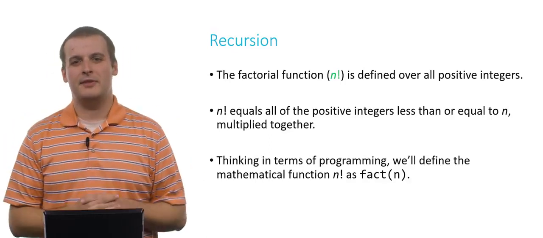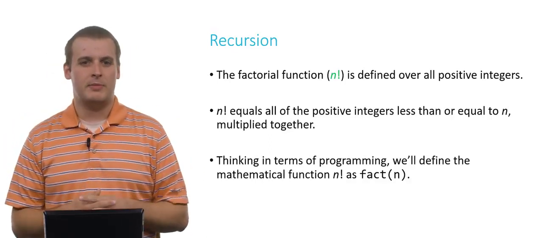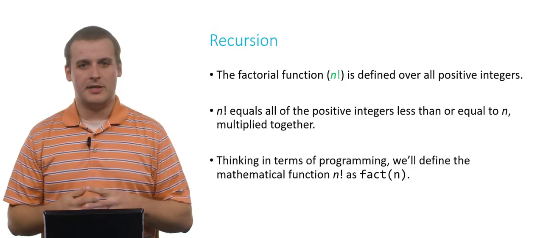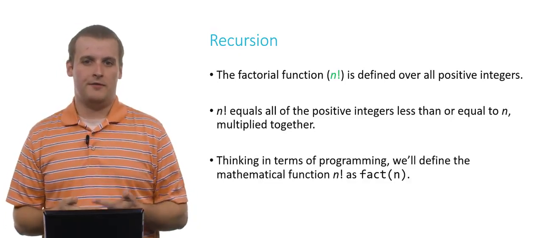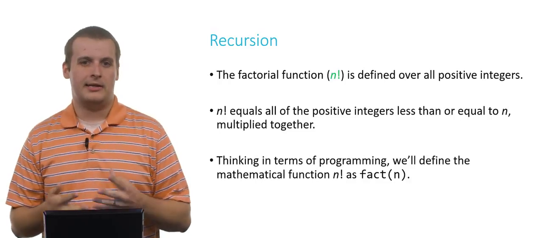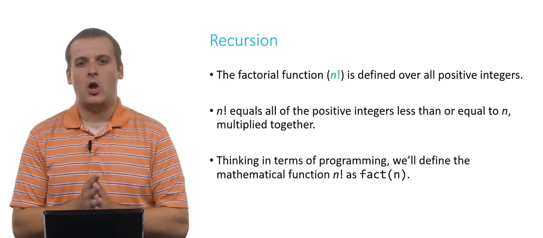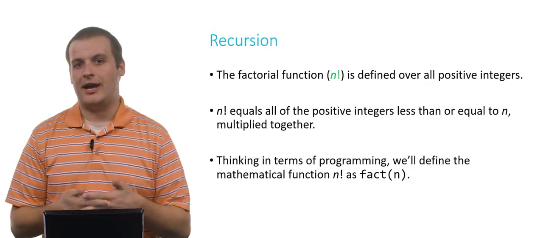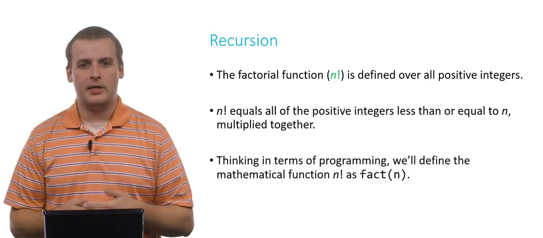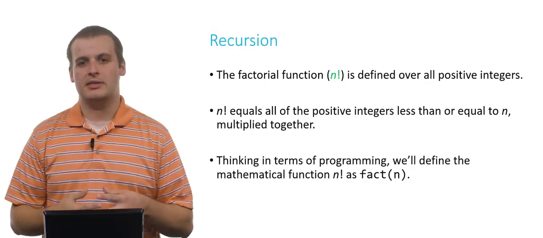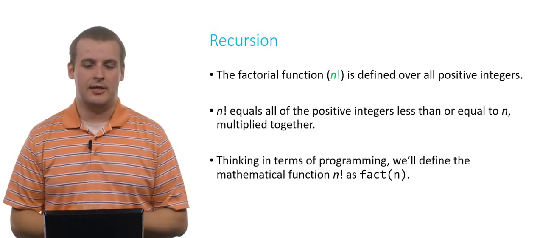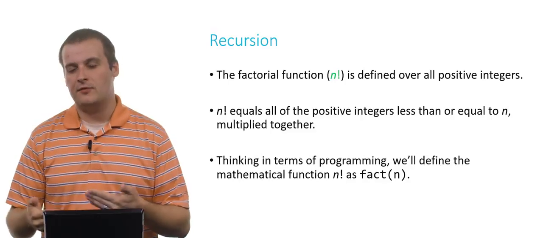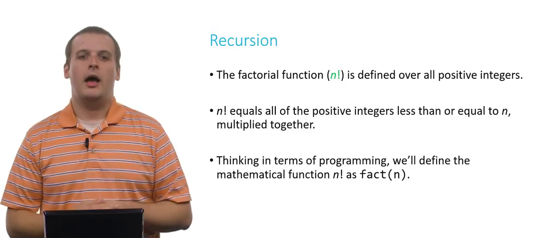Let's look at an example of this to see how a recursive procedure might be defined. If you're familiar with this from math class many years ago, there's something called the factorial function, which is usually denoted as n exclamation point, which is defined over all positive integers. The way that n factorial is calculated is you multiply all of the integers less than or equal to n together. So 5 factorial is 5 times 4 times 3 times 2 times 1.